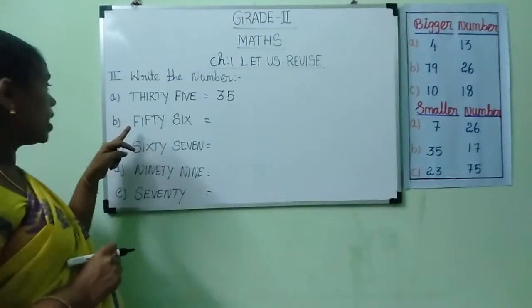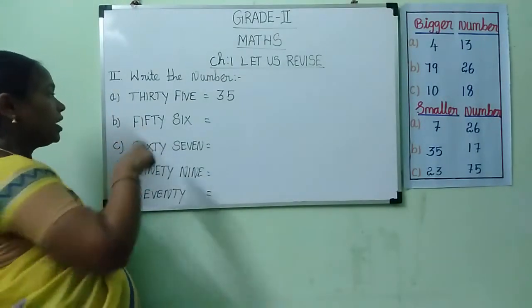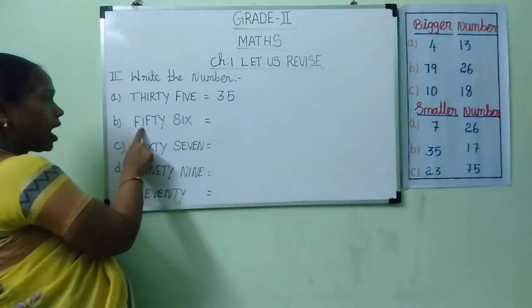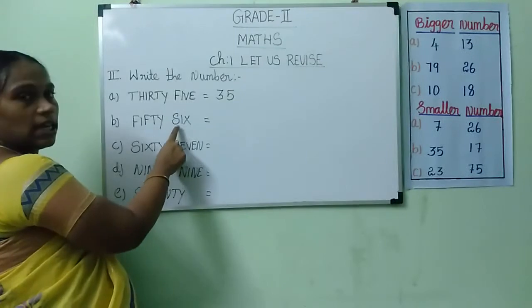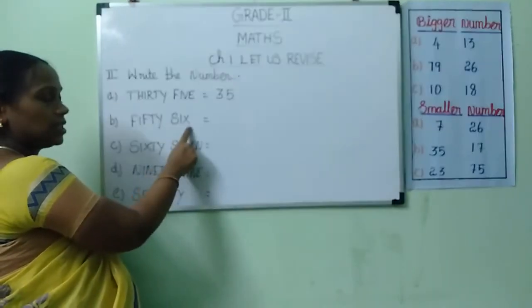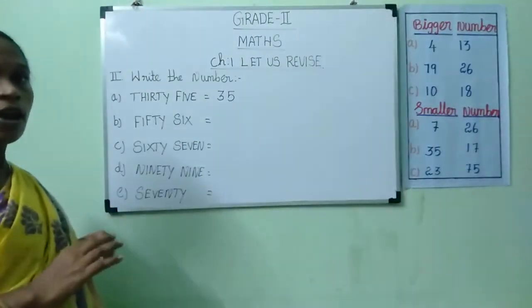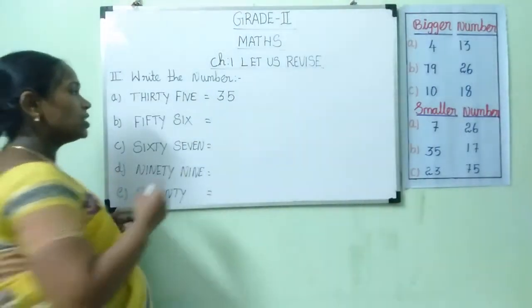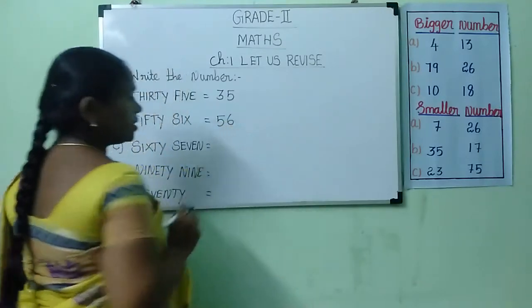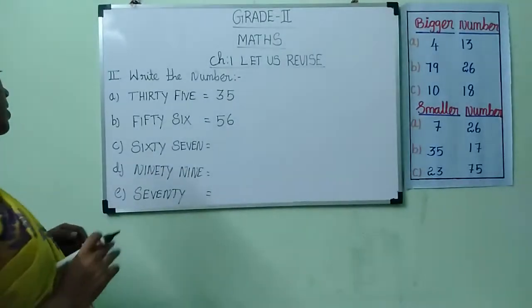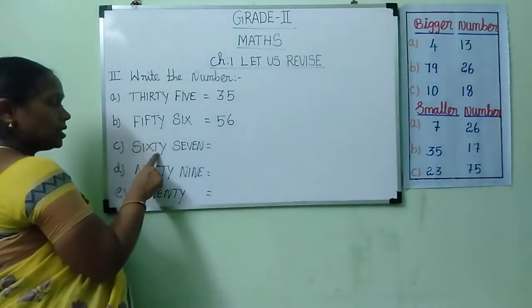Okay, the next one, F-I-F-T-Y. 50. S-I-X. 6. 56. How to write 56? 5, 6.